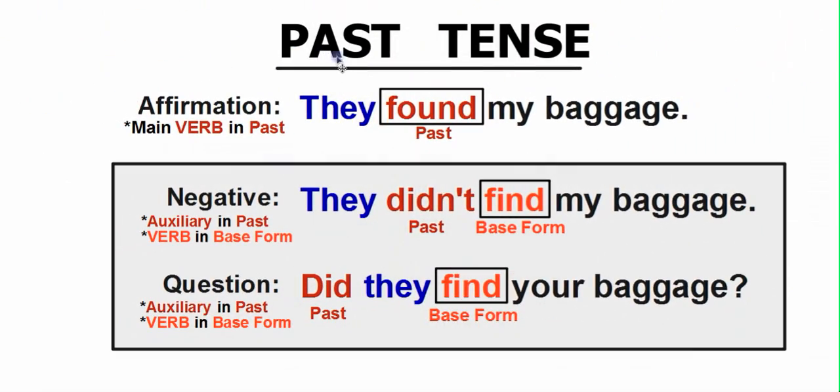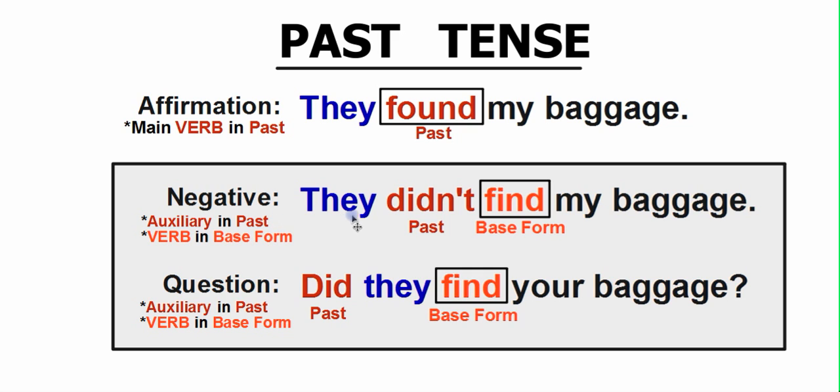To review, the past tense. We use the past tense of the verb only in the affirmation. For example, they found my baggage. The verb is in the past. But for the negative and for the question, we use the auxiliary in the past and the verb is in the base form.